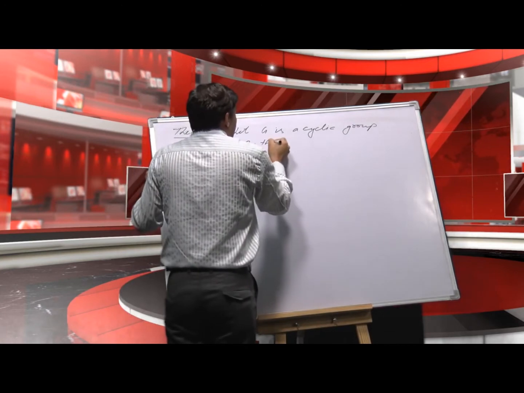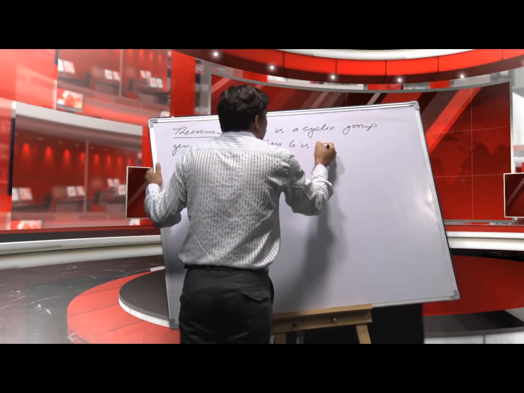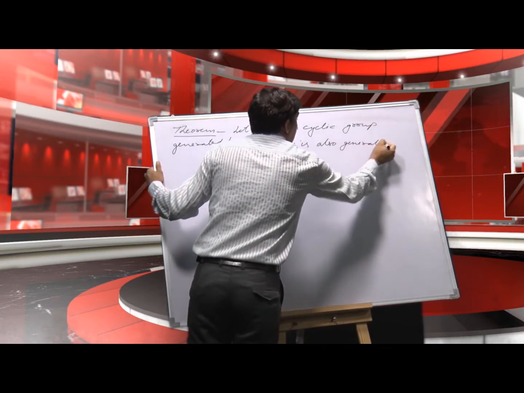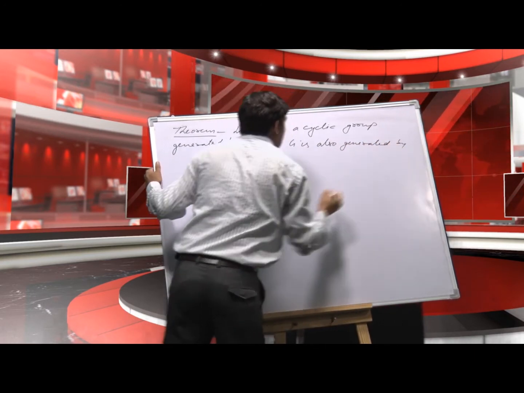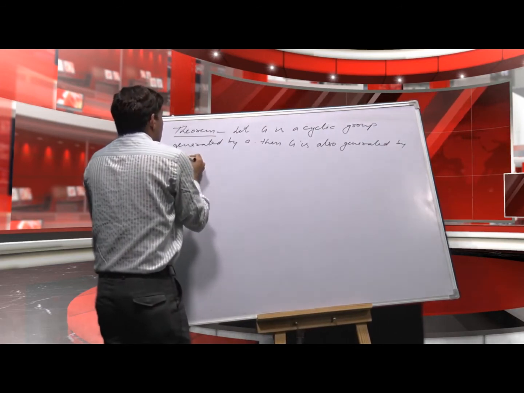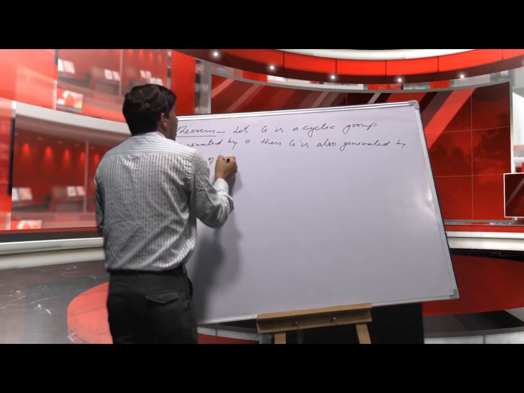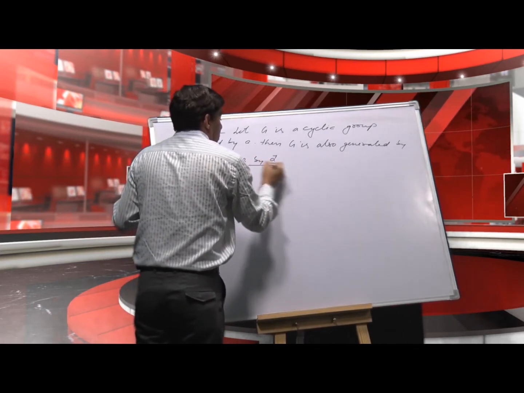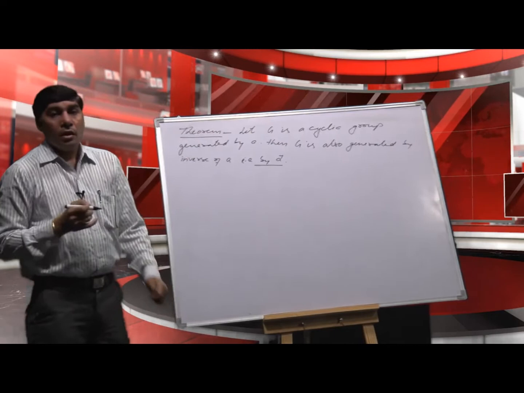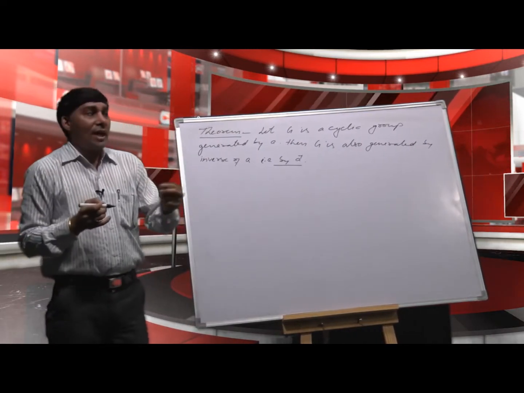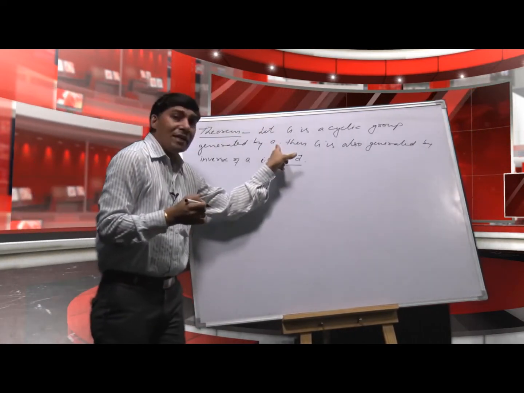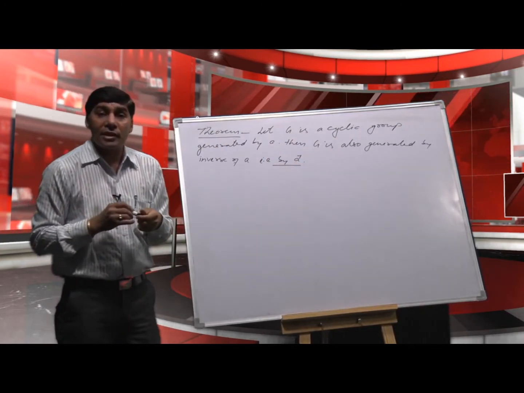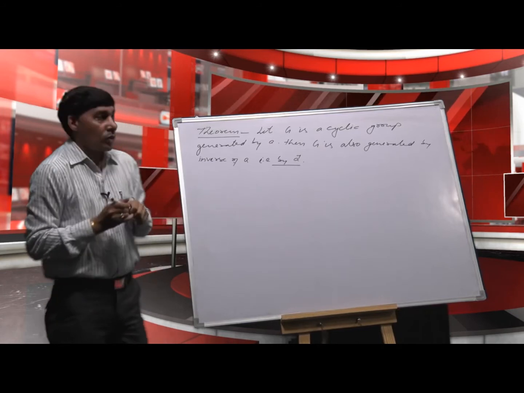Then G is also generated by the inverse of a, that is by a inverse. That means if G is a group generated by an element a, then it is also generated by the inverse of that element. We will prove it.